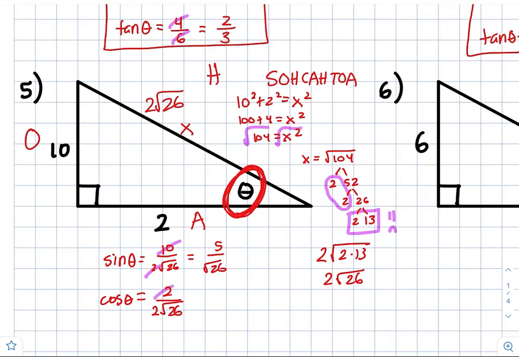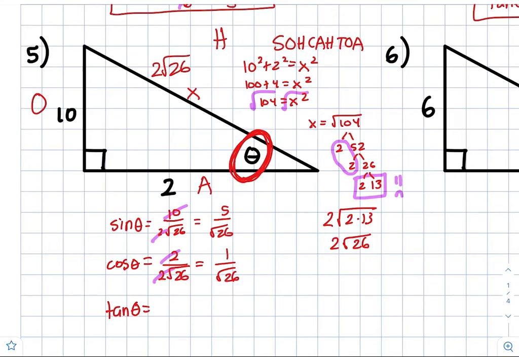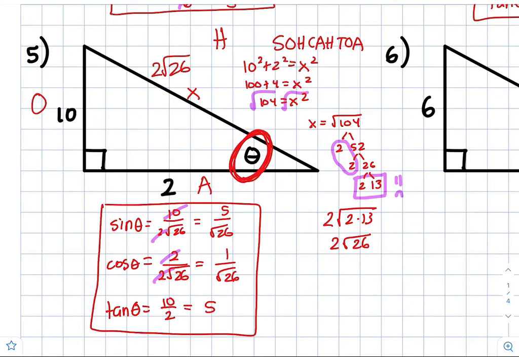You could divide top and bottom by 2, 1 over rad 26. And lastly, tangent theta is equal to opposite over adjacent, so 10 over 2, which is equal to 5. And there's your guys' 3 trigonometric ratios for that one.